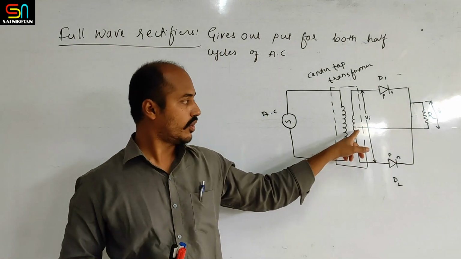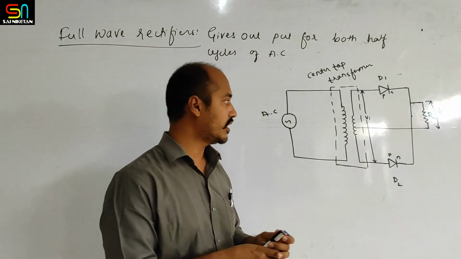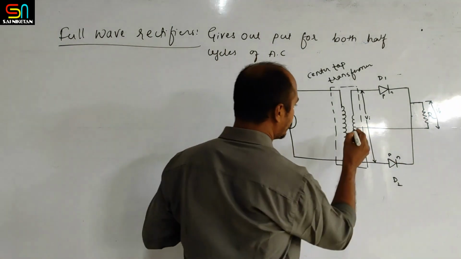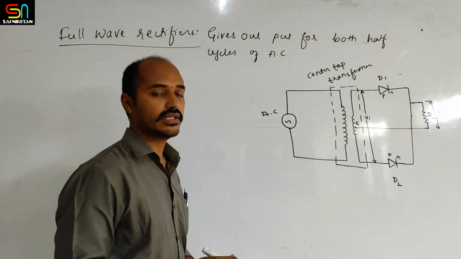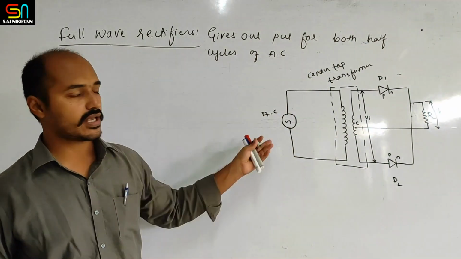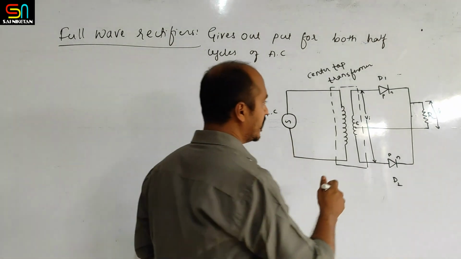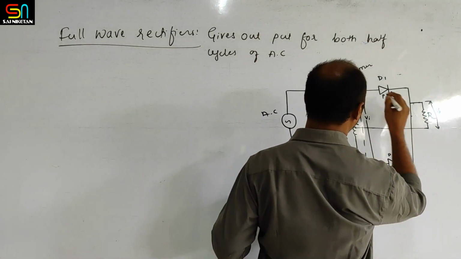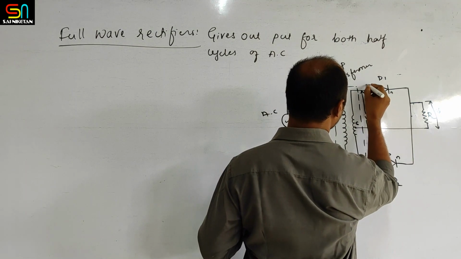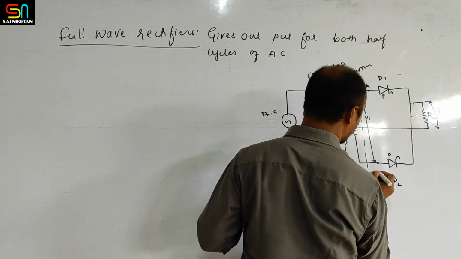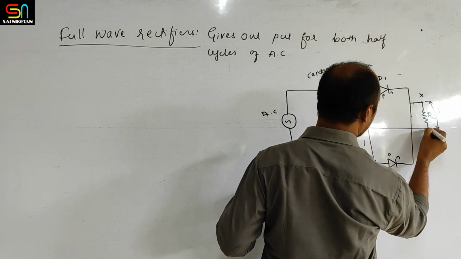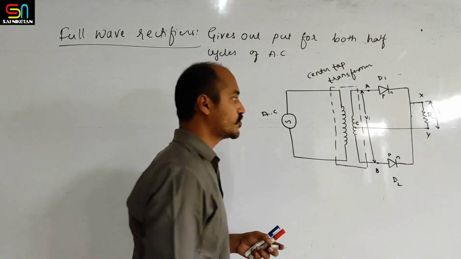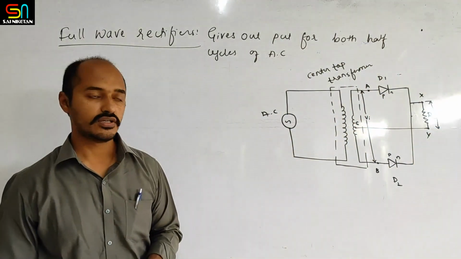The center point of the transformer, which I mark here as C, is connected to the load resistance as shown in the figure. And we will mark some points: here this point is A, here this point is B, here this point is X, and here this point is Y, so that we can show the direction.